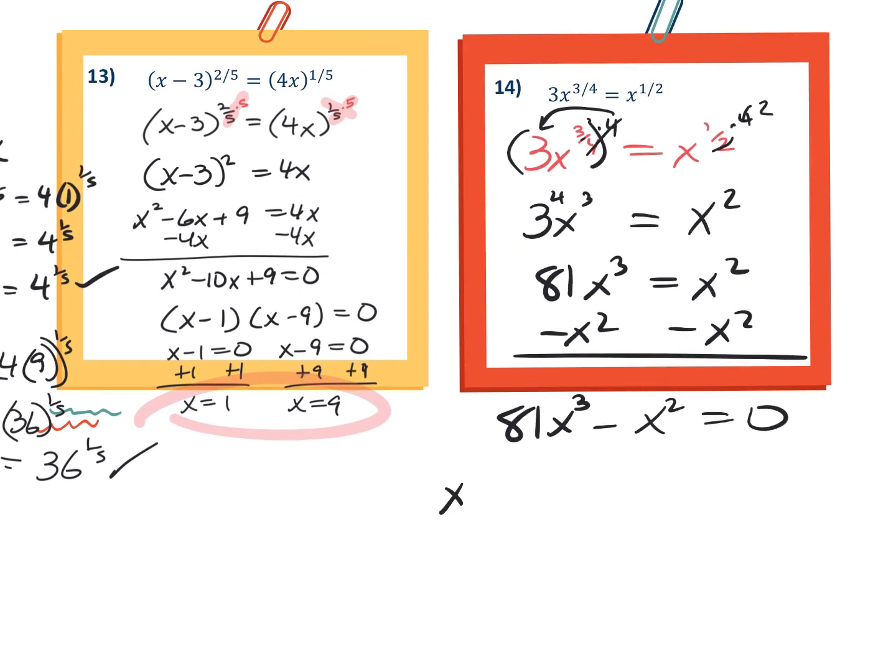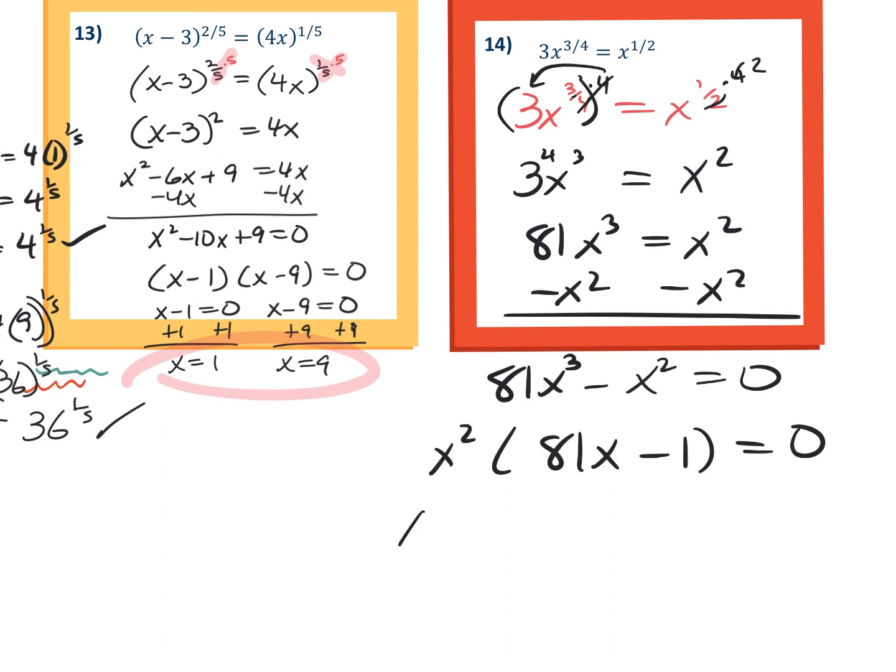I'm going to factor out a GCF of x squared. I'm left with 81x minus 1 equals 0. Set each factor equal to 0. So this one is just x equals 0.